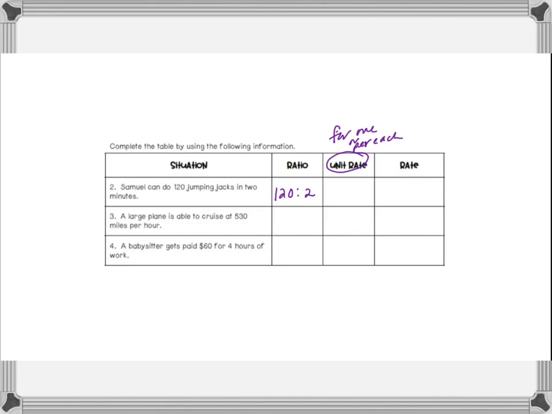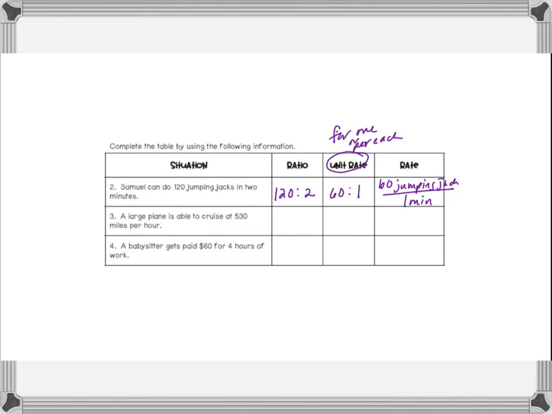That means that we need to change that so that we have 1 in our ratio as that second number. So I simply took 2 and divided by 2, like I simplified this problem. So 120 divided by 2 then would be 60. This would give us 60 to 1. So the rate for Samuel, he can do 60 jumping jacks in 1 minute.